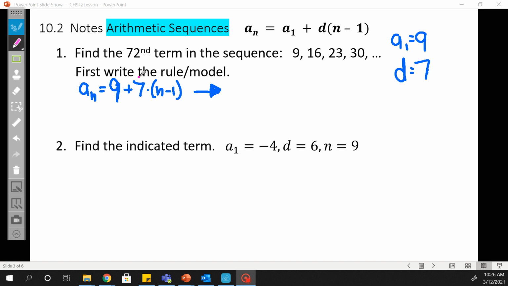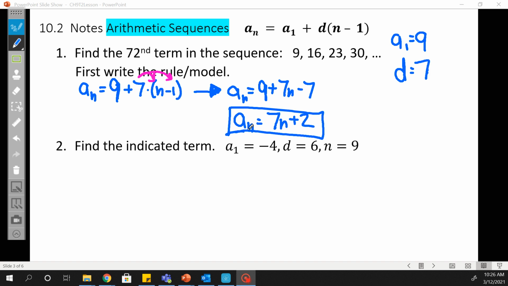I can put this into standard form by distributing the difference. So I would have a sub n is equal to 9 plus 7n minus 7. Combining like terms gives me 7n plus 2. So the nth term of my sequence is 7n plus 2.